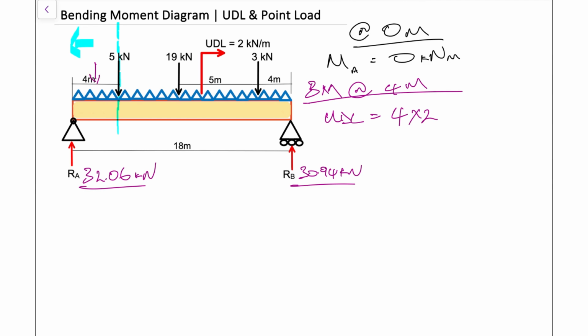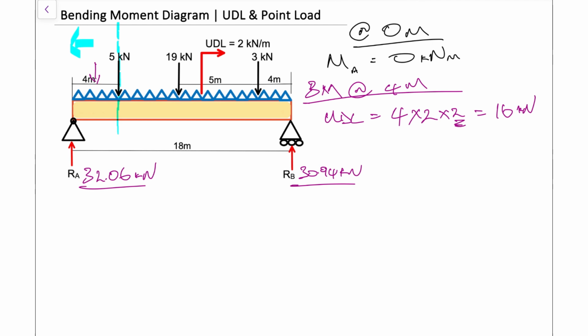So as a point load, we're going to have 4 times 2 and then times 2 again. And the reason for the second times 2 is because that's going to represent exactly where we're going to place the UDL, which is at the 2 meter mark. So now our UDL as a point load is 4 times 2, that's our 8, and times 2, that's our 16 right there. So 16 kilonewtons is our UDL as a point load.